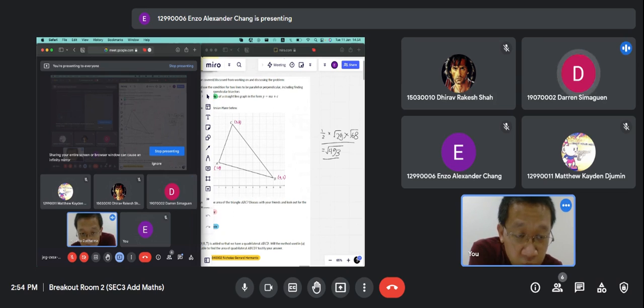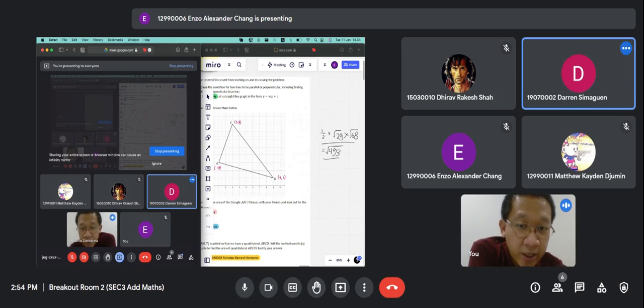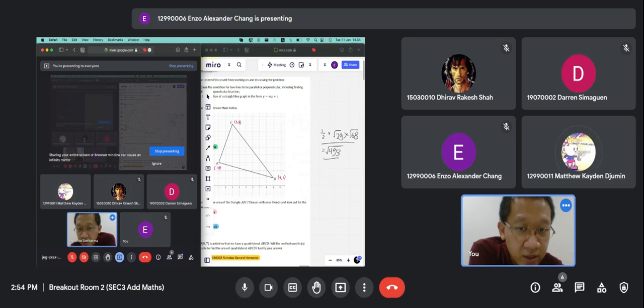I think square root 29 is AC. AC. Okay. Can you please take note of that? Put it on the top. So then half times AC times AB, is it? Put that line so people would know that you're referring to that. So you're saying that AC is the base and AB is the height. Is that correct?